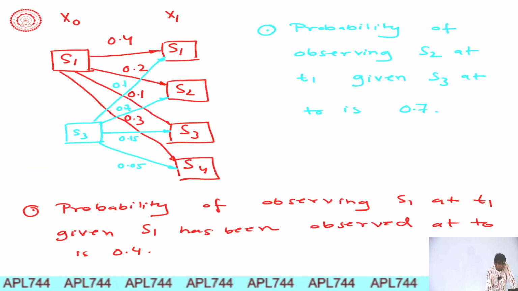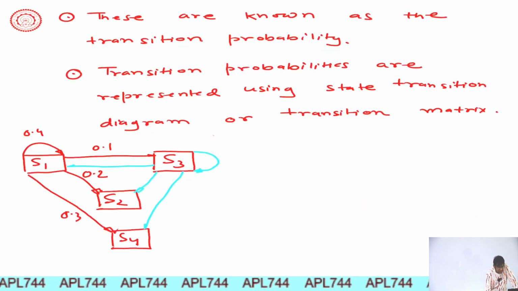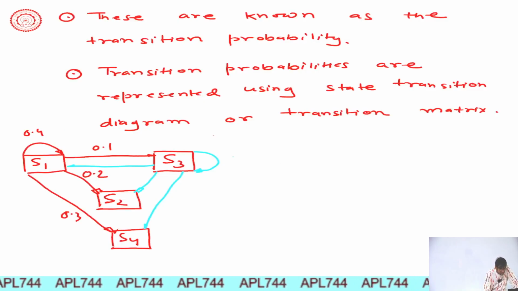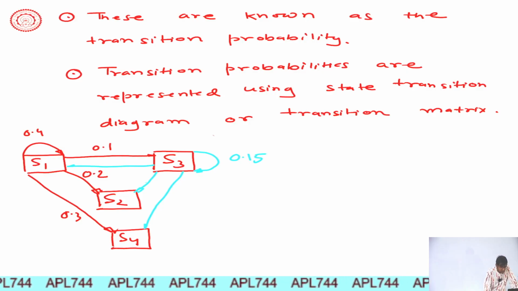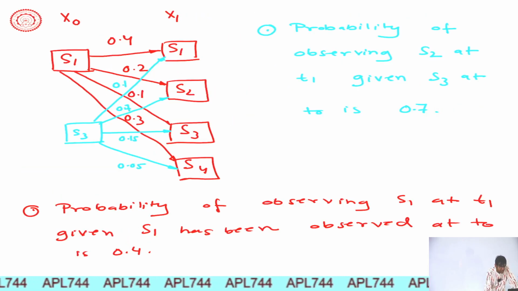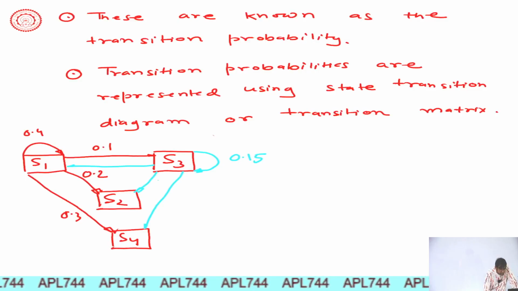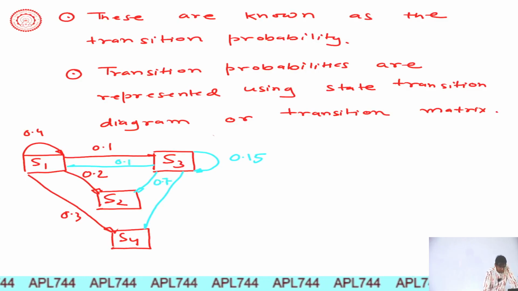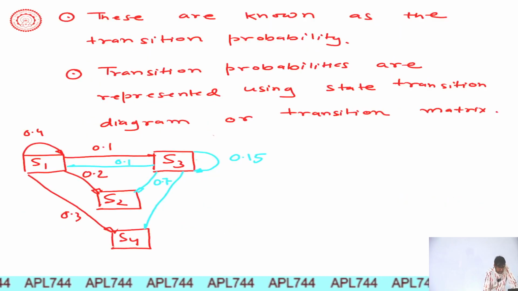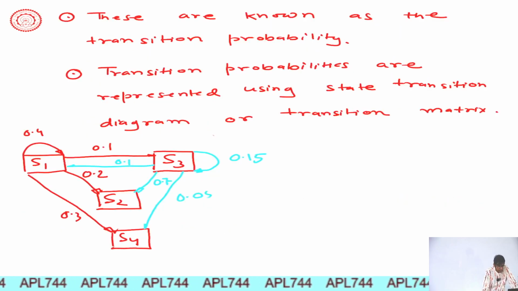I forgot the number. S3 to S3 is 0.15. S3 to S2 is 0.7, right? S3 to S1 is 0.1, and I think the last one is 0.05. Okay.